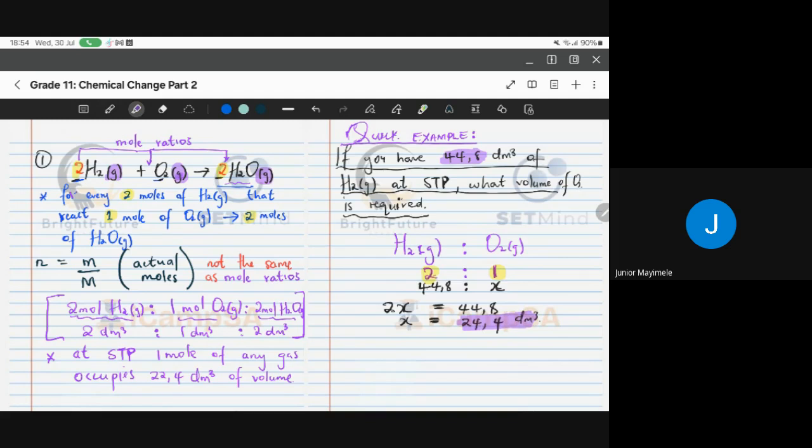This works for any volume, but for the sake of simplicity, I used the volume that you guys are used to, which is the standard temperature and pressure volume, 22.4. Right, let's move on.